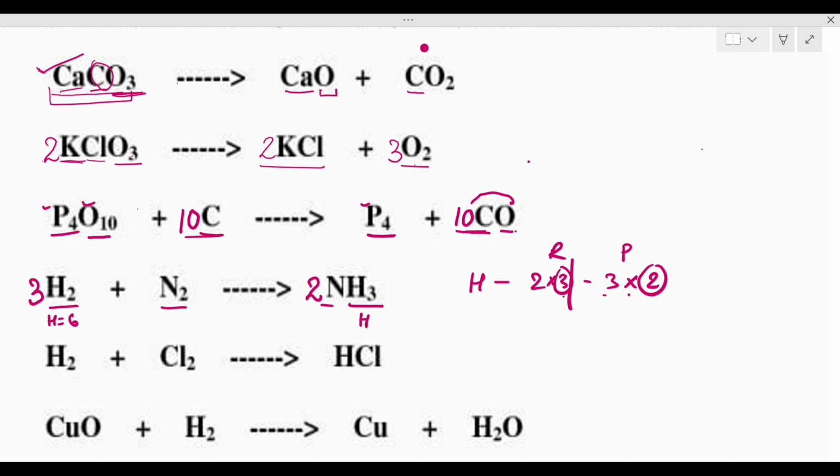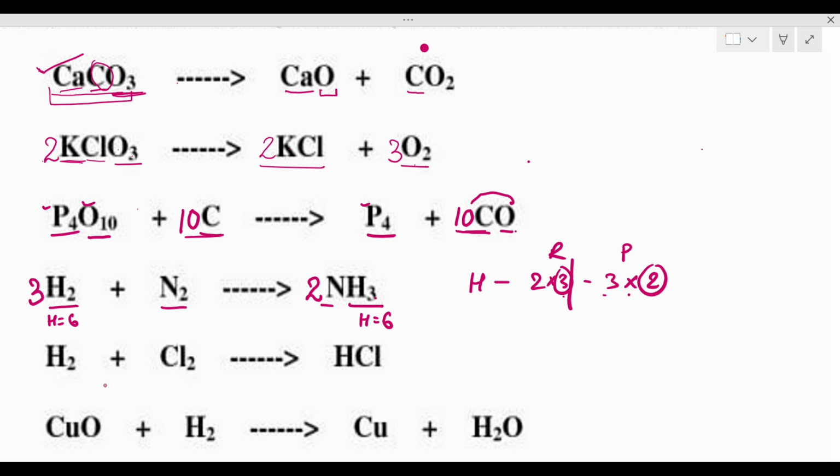So we have 3 2s are 6 hydrogen on the product side. Now since hydrogen is balanced, we need to see the nitrogen part. You see there are 2 nitrogen on the reactant side. After balancing the hydrogen, we have 2 nitrogen on the product side. So nitrogen is itself balanced.